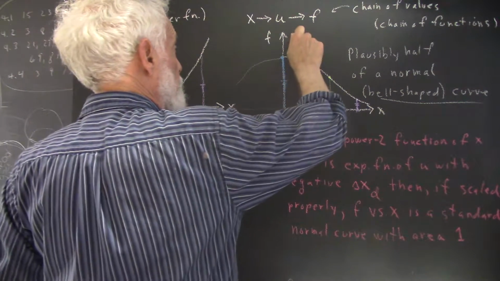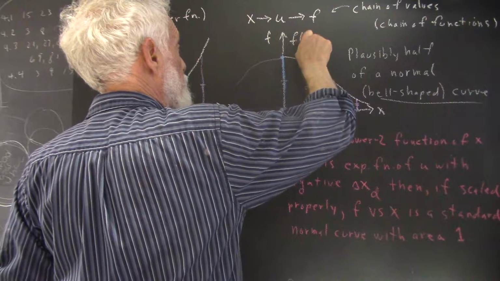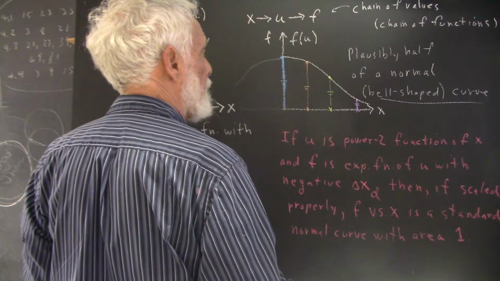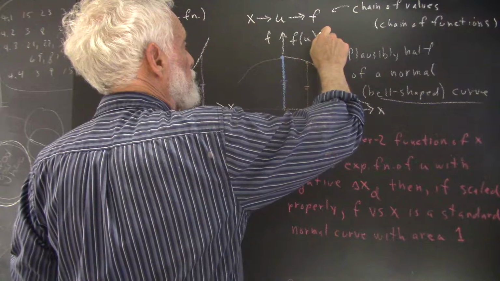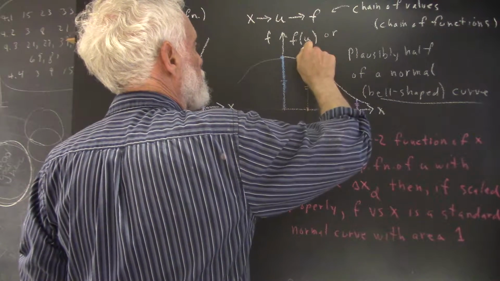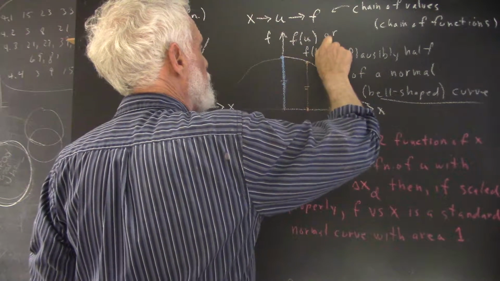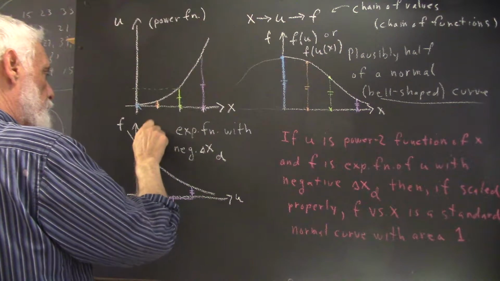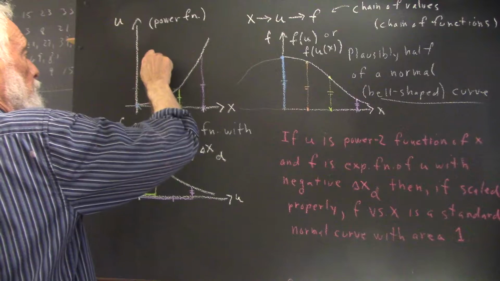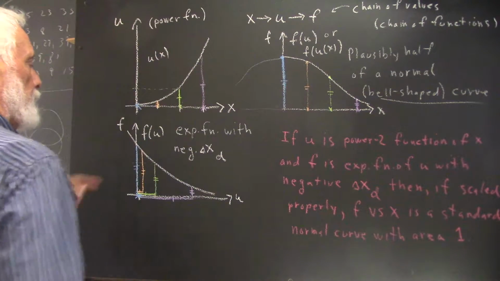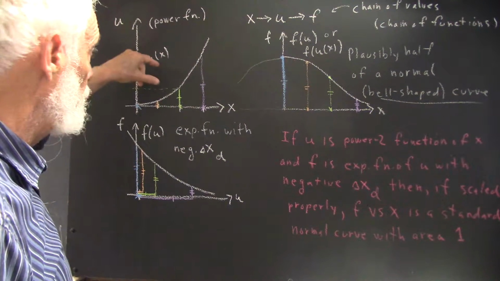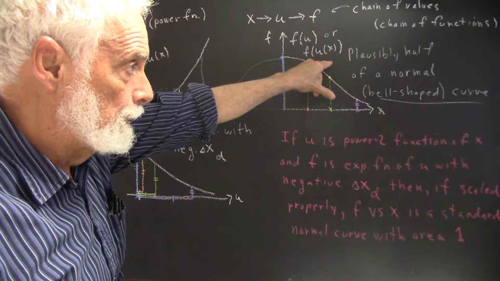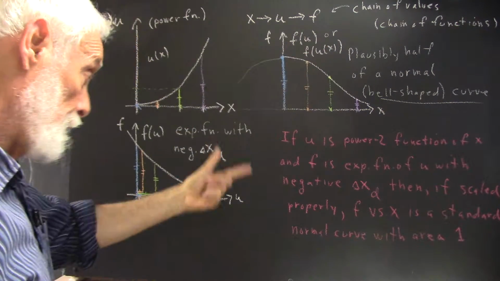So this is a function which we could say is f of u, or f of u of x. So really here is f of u, here's u of x, here's the function f applied to u of x, so f of u of x versus x.